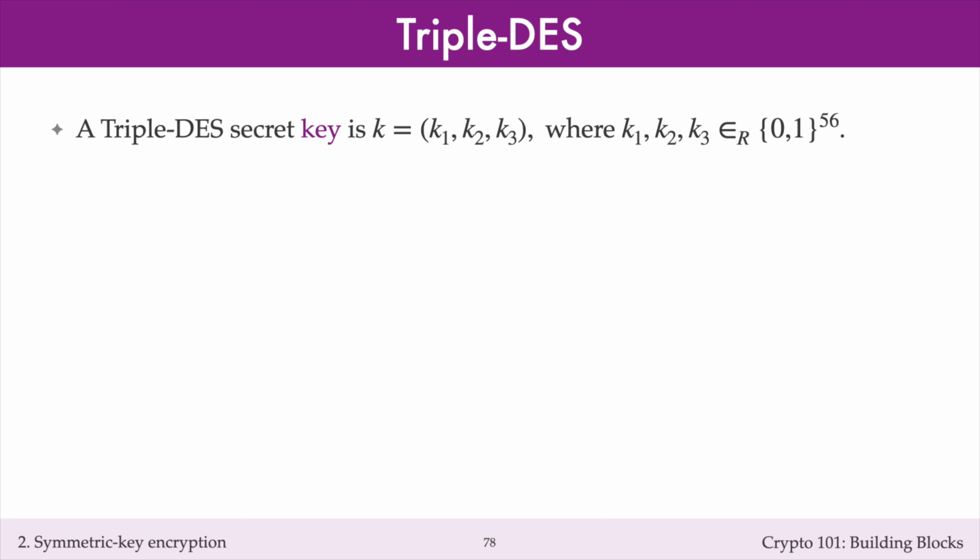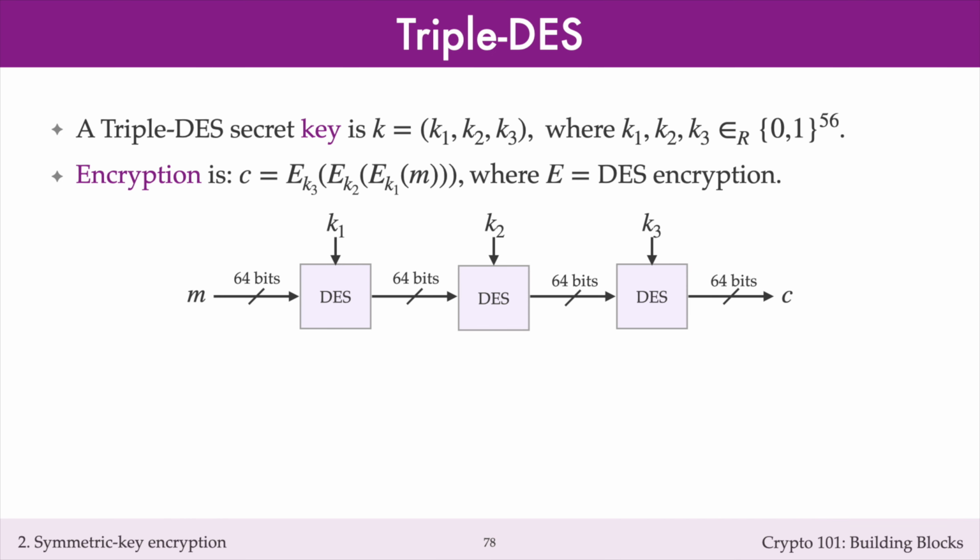In triple DES, the secret key K is a triple of single DES keys, each chosen uniformly and independently at random from the single DES key space. In triple DES encryption, a plaintext block of length 64 bits is encrypted 3 times in succession using single DES and the 3 independent single DES keys K1, K2, and K3.